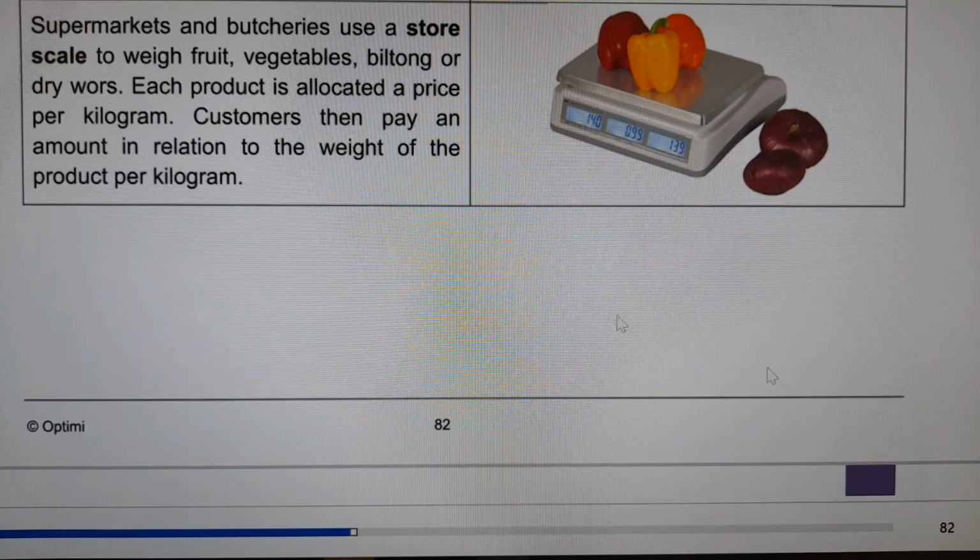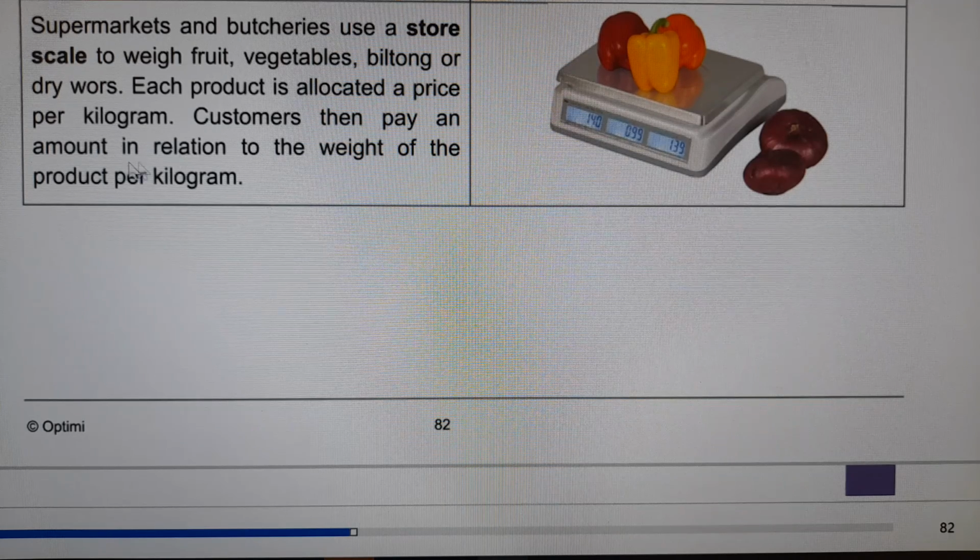Then we have supermarket and butchery scales. The supermarkets and butcheries use a store scale. This is a store scale to weigh fruits, vegetables, biltong, or dry wors. Each product is allocated a price per kilogram.